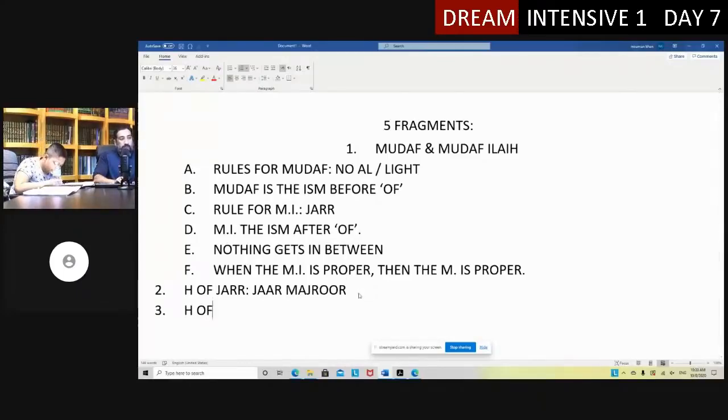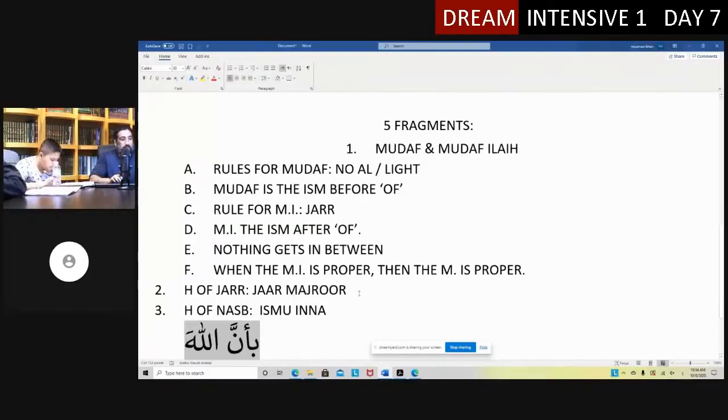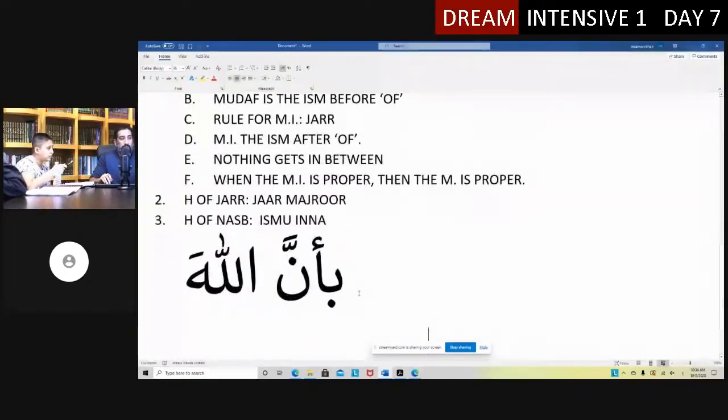Third is harf of nasab. And its victim, whoever it beats up, is called ismu inna. Ismu inna, ismu anna, ismu ka'anna, ismu bi anna. Whatever word was there, ismu whatever. So if I said bi anna Allah, in the verse "That is because Allah sent down the Book with the truth..." Don't write the Arabic down, but just look at it. بأن is a harf of nasab, right?